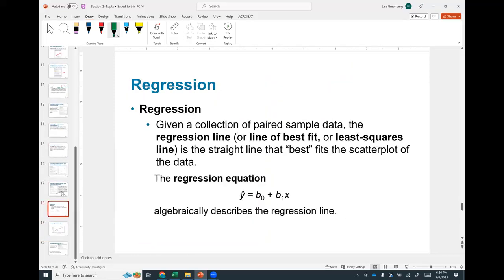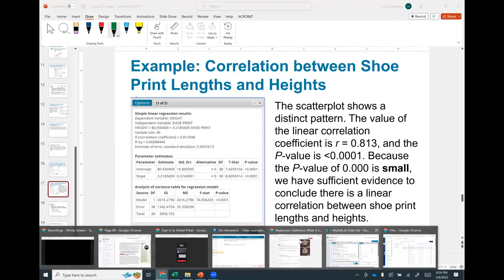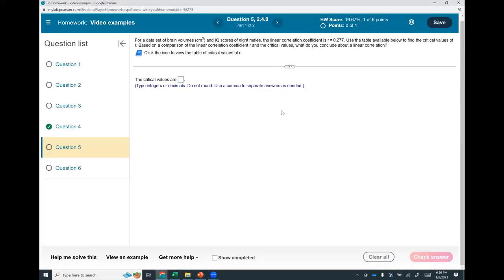Okay, so let's do another problem from the homework, because now we have enough information to do this problem. It says, for a data set of brain volumes, in centimeters cubed, and IQ scores of 8 males, the linear correlation coefficient is R equals 0.277, which seems kind of small to me, right?